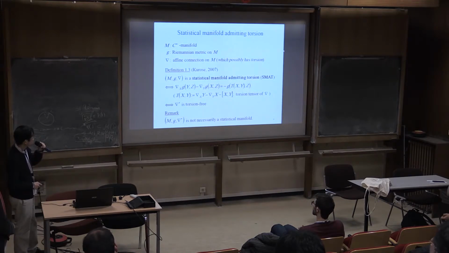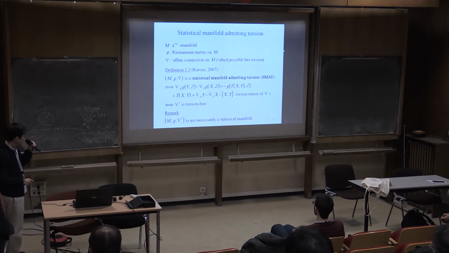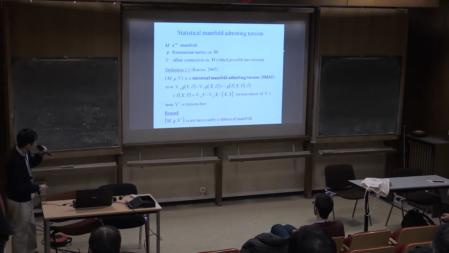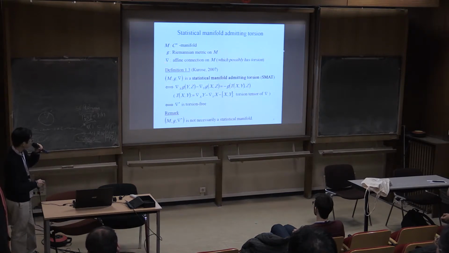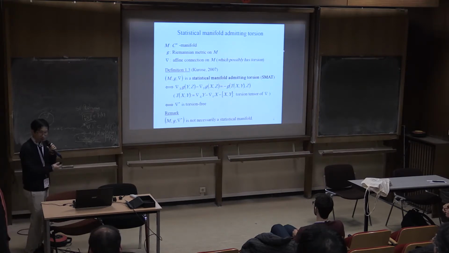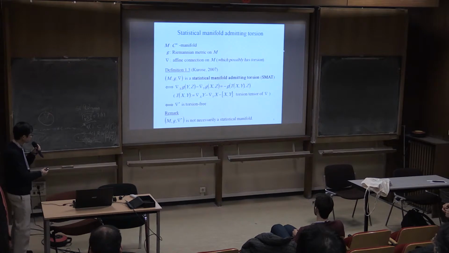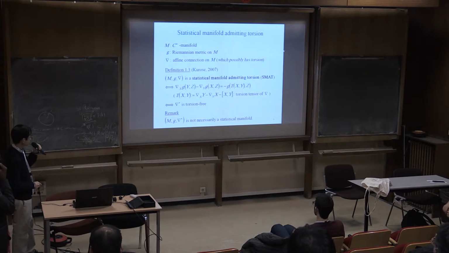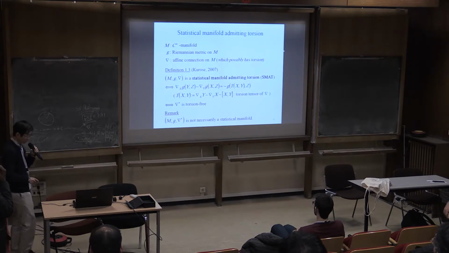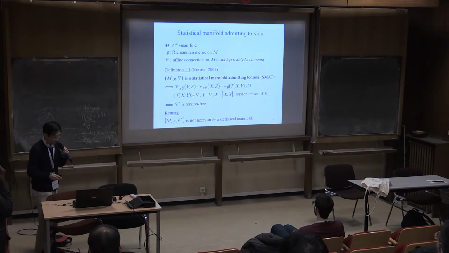This condition is equivalent to the condition that nabla star is torsion-free. Here T is the torsion tensor field of nabla, so if nabla is torsion-free, this condition reduces to the definition of the statistical manifold. But we should note that in this case, the triplet M, g, and nabla star is not necessarily a statistical manifold admitting torsion. This is different from the case of the statistical manifold.